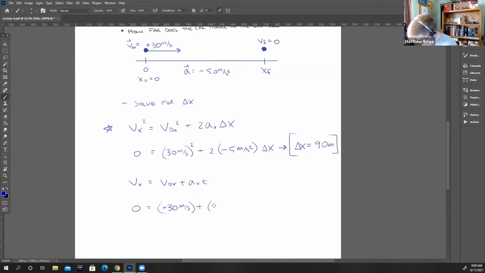It had an acceleration of negative 5. And there's the time. We need to solve for time. So just like the problem above, we could solve for time. The time it takes is 6 seconds.